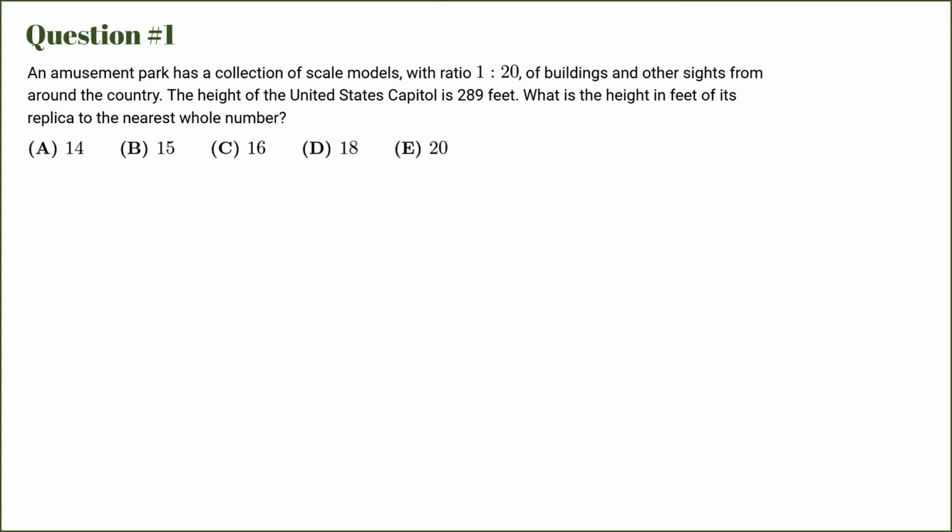Okay, so we can set up an equation here. The collection of scale models has a ratio of 1:20, so 1/20. Let's say that the replica height is represented by the variable r. Then 1/20 would be equal to r over 289 feet.